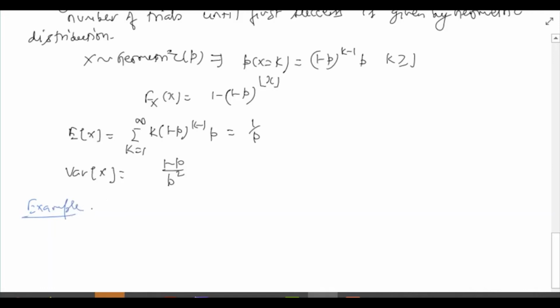Suppose an unfair coin with head probability p is flipped repeatedly.